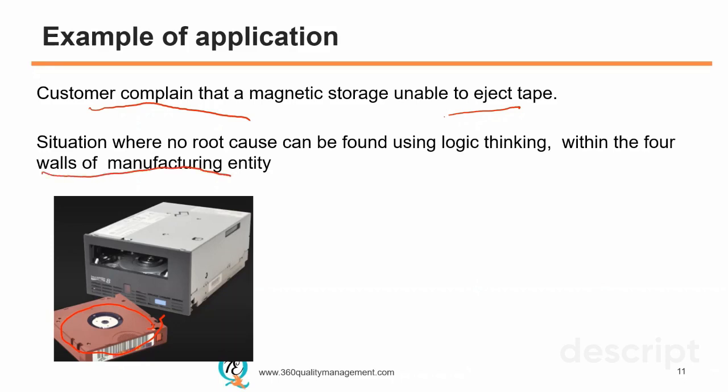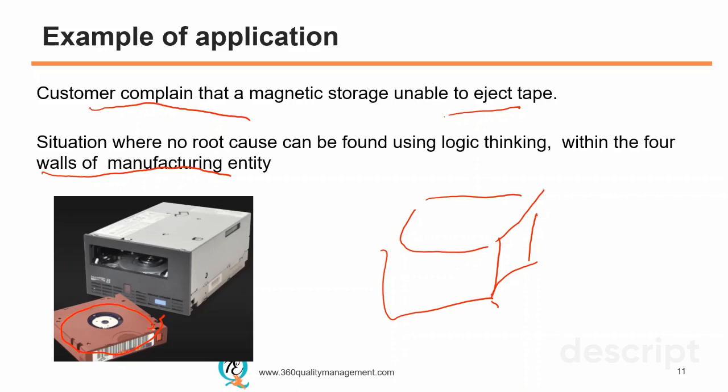That means the four walls of manufacturing is really a box. So we have to really think outside of the box and look beyond the manufacturing entity. Is it the logistics or the transportation or the distribution, or could the customers have caused this problem?